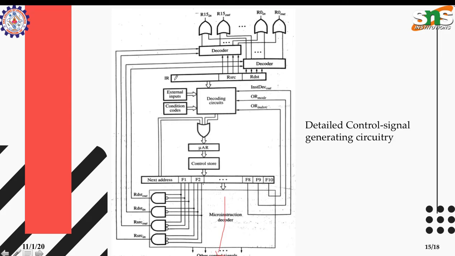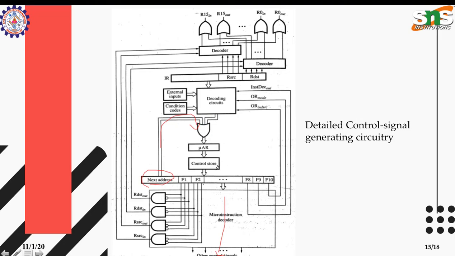Along with that, the control store output has the next address field, which is given as an input to the micro address register now. Okay, so that's why an OR gate is used to select either this address or this one.